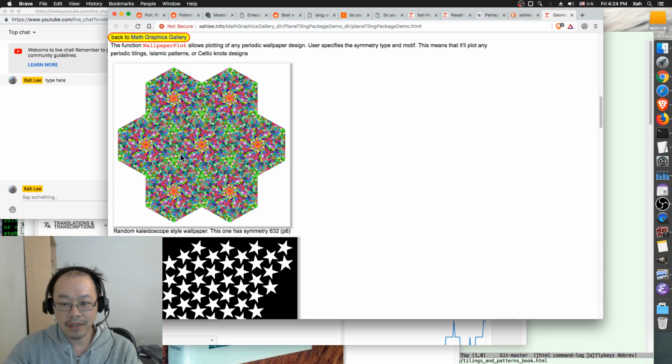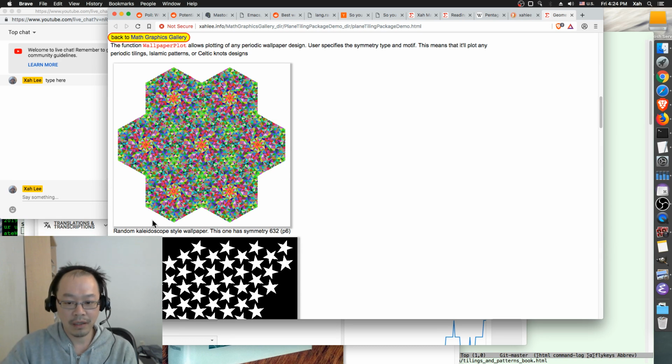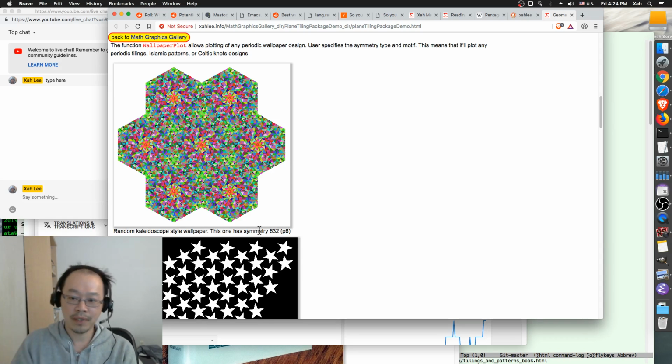So this image looks like a kaleidoscope, but actually it is what mathematicians have classified as wallpaper groups, meaning the symmetry of wallpapers. This one in particular has a symmetry called 632 in Conway's notation. There are two notations for symmetry.